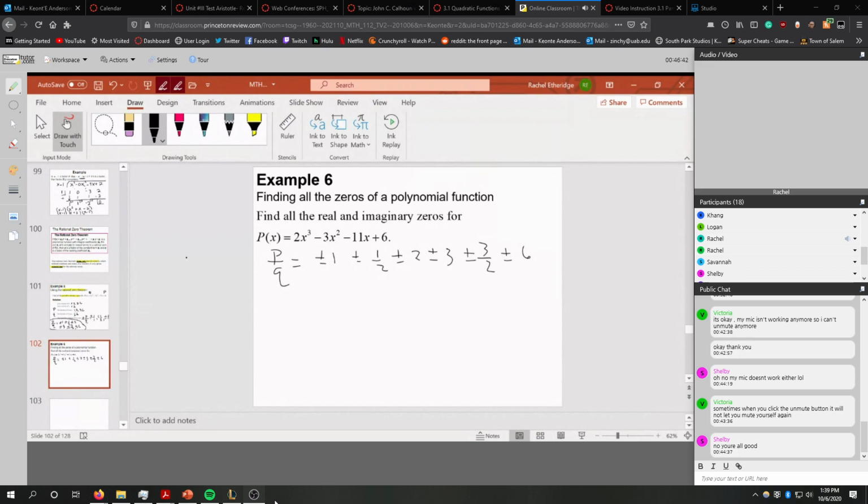I always try to start with 1, because if 1 is one of our zeros, that's a good thing. It's easy to work with. If you do this on your calculator, it's really quick. I'm going to do it in my head, but you can take your calculator and check me.